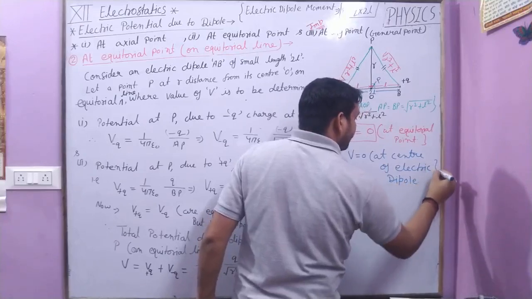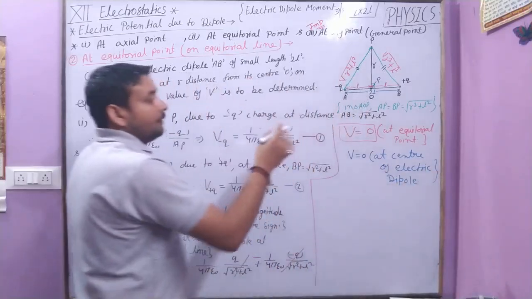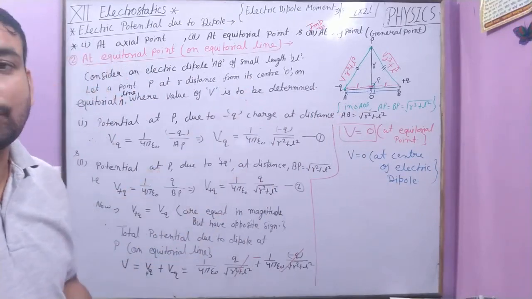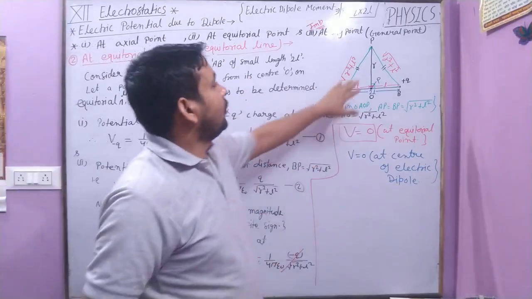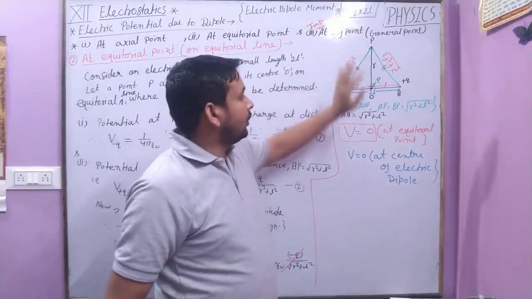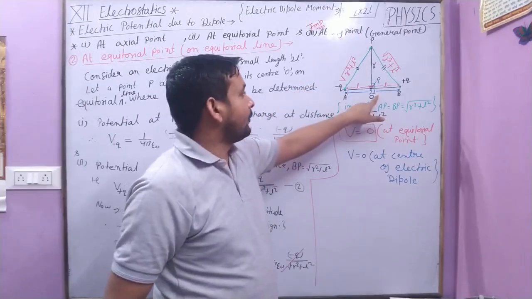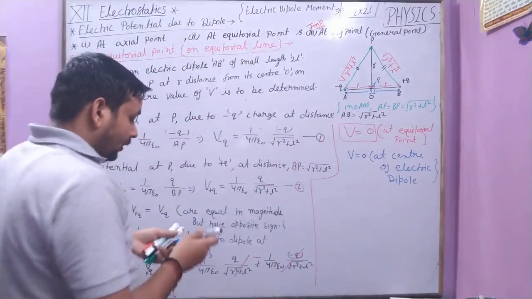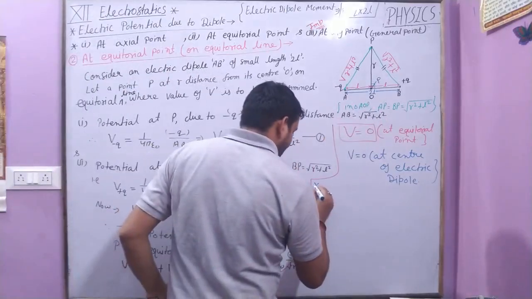It is the most important result of electric potential due to a dipole, that the value of electric potential due to a dipole at the center of the dipole is always 0. So note here the 2 points.